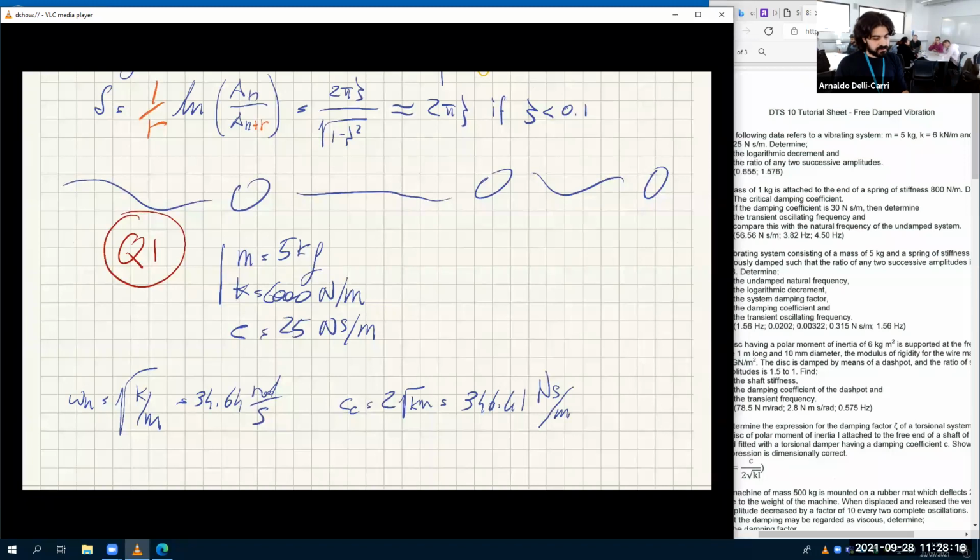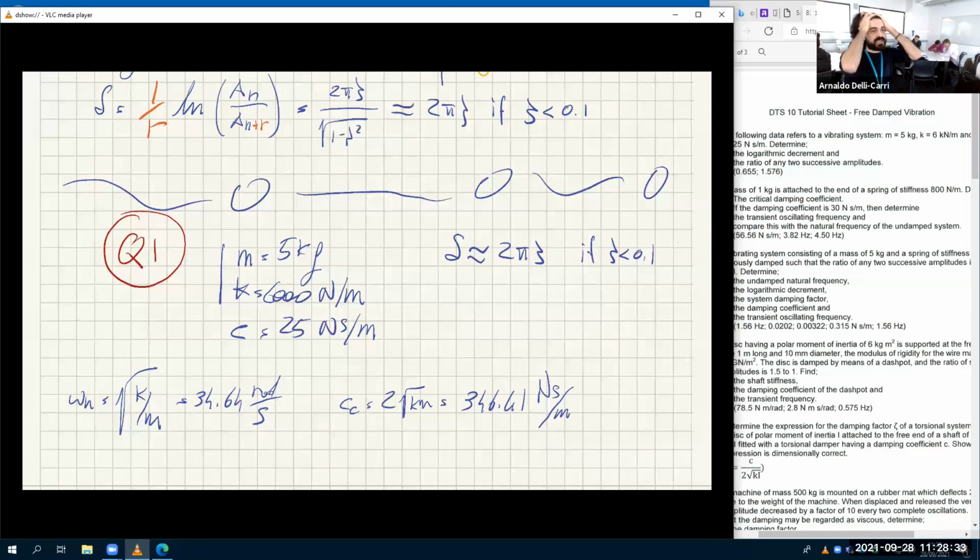Well, we know that delta is approximately 2 pi zeta if zeta is smaller than 0.1.